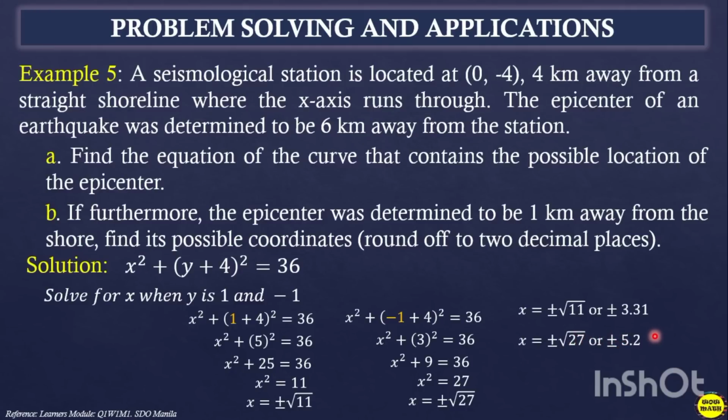So, what will be our possible coordinates? 3.31 and 1. Okay, so kasi yung value ng x natin, positive and negative 3.31. So (3.31, 1), (negative 3.31, 1). So another, meron tayong (5.2, 1) and (negative 5.2, 1). So ito yung possible coordinates natin.